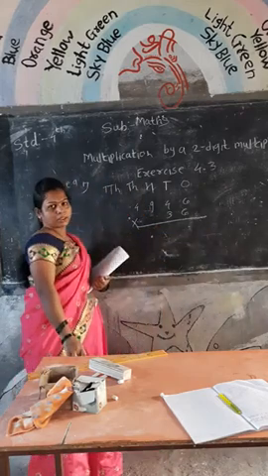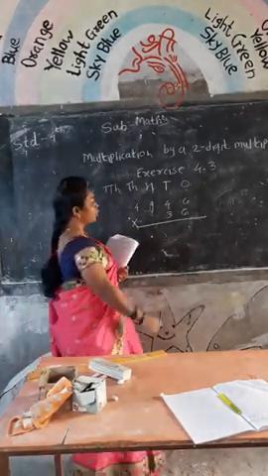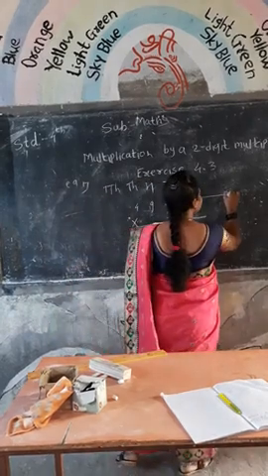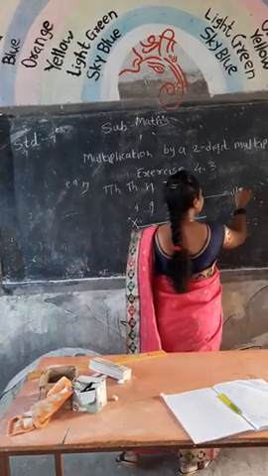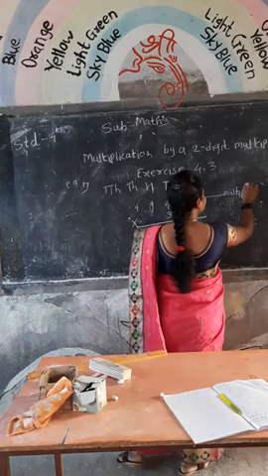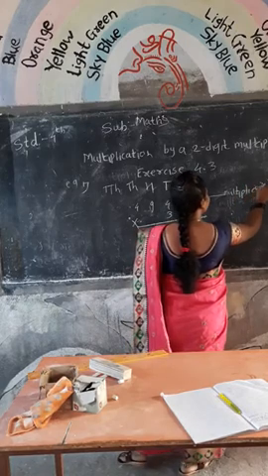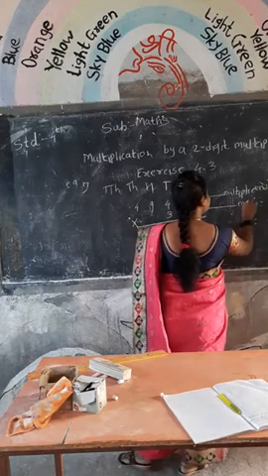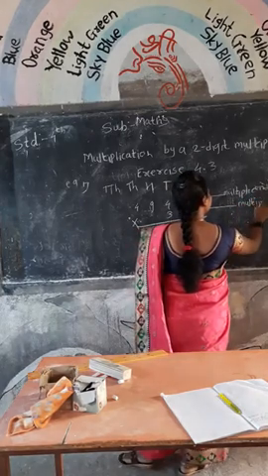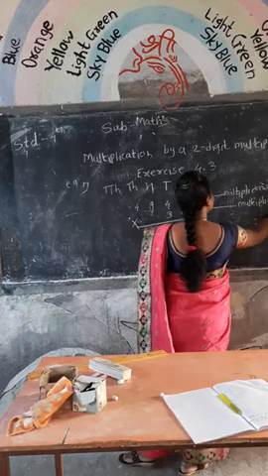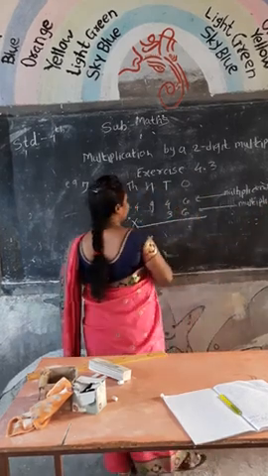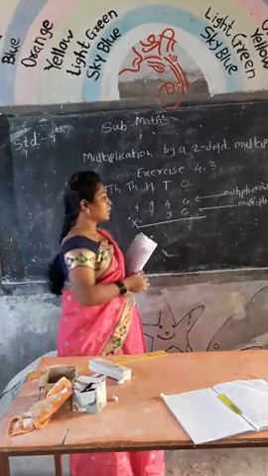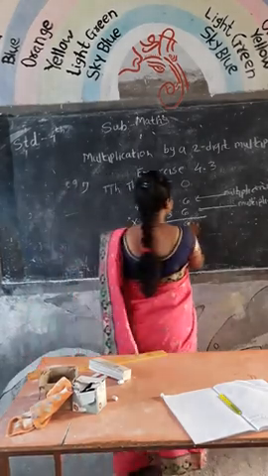Then for the multiplication, firstly multiply with the ones place digit. Count the table of 6. 6 ones are 6, 6 sixes are 36.